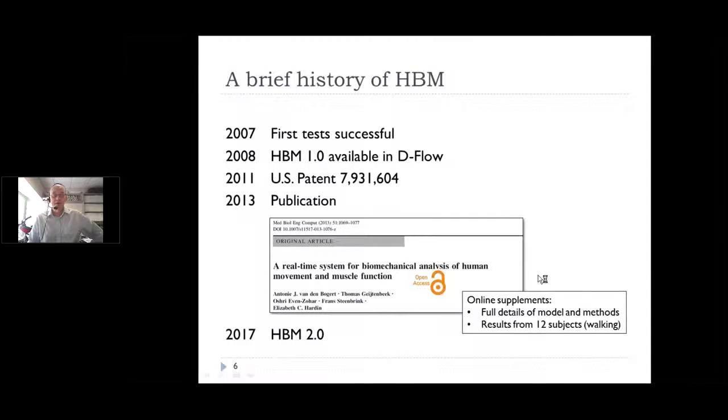It is open access, so you don't need a subscription, and there are a few online supplements with the full details of the model and the computational methods, and also Excel files with results from subjects that are walking. And then, as mentioned before, there is a 2.0 version released this year.